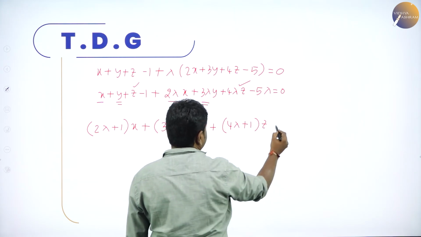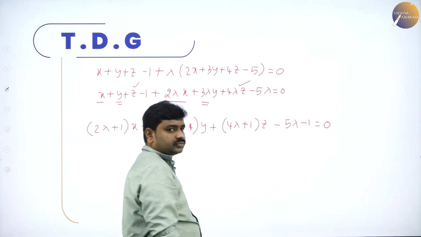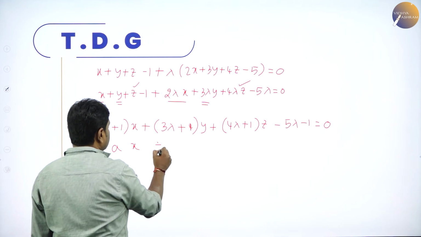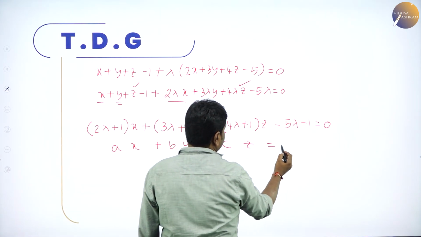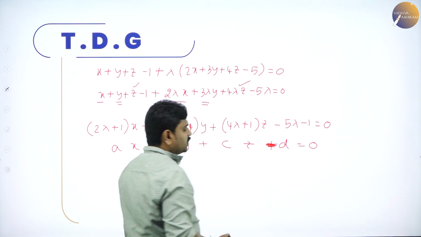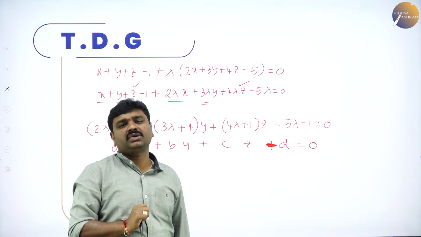Then we have minus 5 lambda minus 1 equal to 0. Now it is in the form ax plus by plus cz plus d equal to 0. So dear students, if any two planes are perpendicular, then a1a2 plus b1b2 plus c1c2 equal to what? 0.